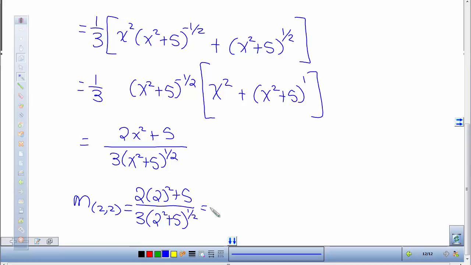So we got 4 times 2 is 8 plus 5 is 13. That's 9. 13 to the 1/2, which is 3, times 3 is 9. Okay, that's my slope.